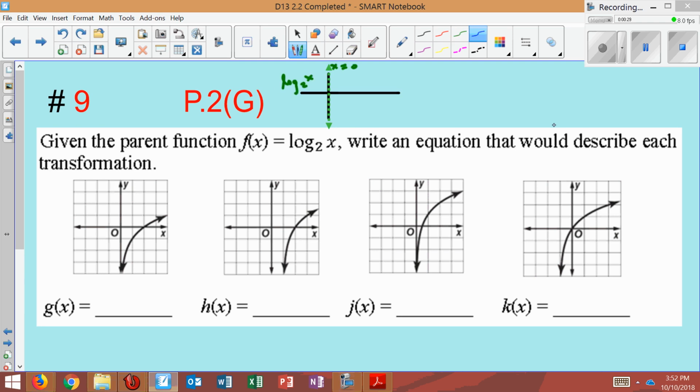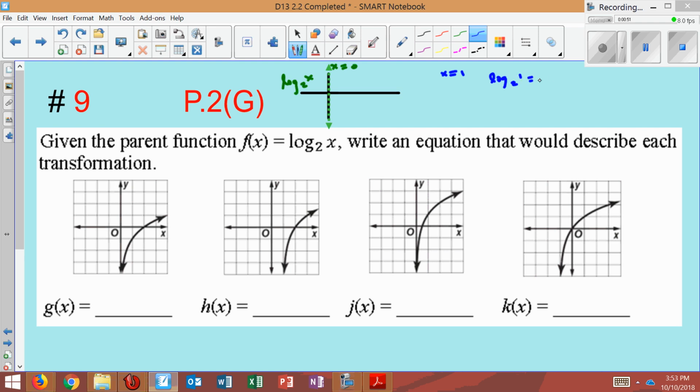If you start plugging in values, for example, if x was equal to 1, I'm sorry, I'm plugging this equation wrong. If you had x equals 1, you'd have log base 2 of 1. That means 2 to what power gives me 1?